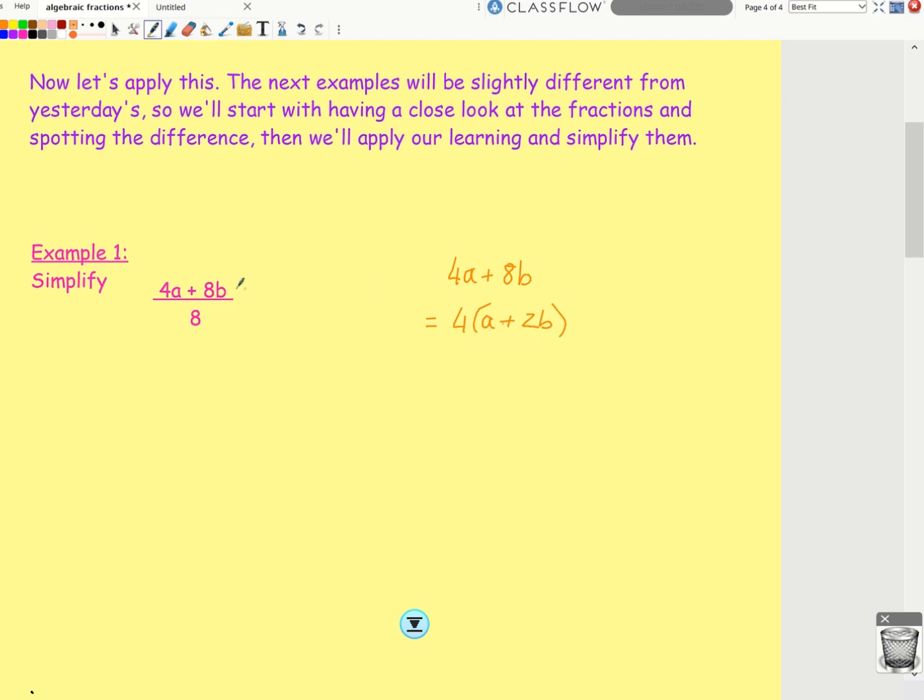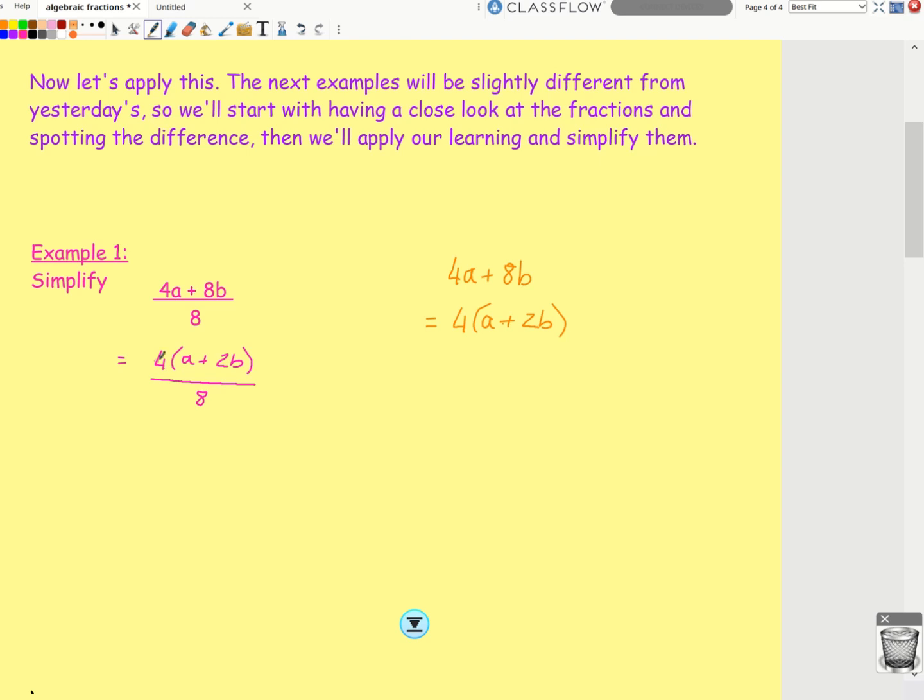So that's from my top line, and I'm going to put that back into my top line. The bottom line is just a plain old 8. I can't do anything with that, that's just the number 8. I can't factorise that. Well, I could, but I'm not going to bother putting brackets into it. It's just a plain old number, so I'm going to leave that alone.